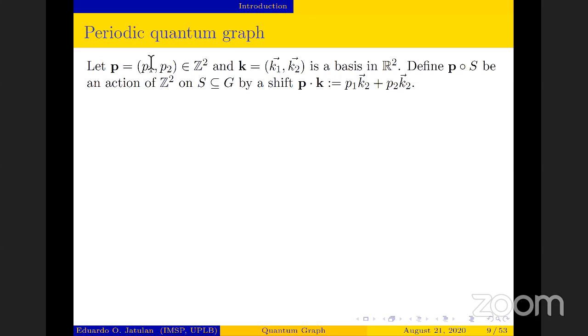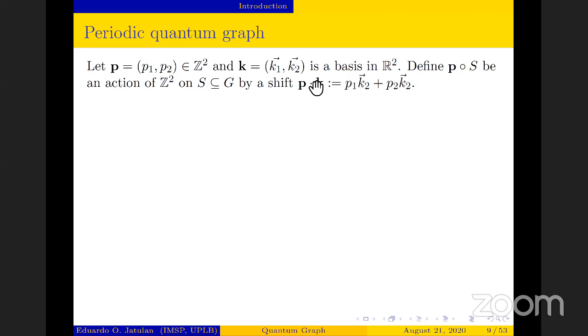So given this P1, P2 in Z2, and we have a fixed basis in R2, we have this notation P circle S to be the action of Z2 on a given subset S of our graph. It's defined by this translation shift operator.